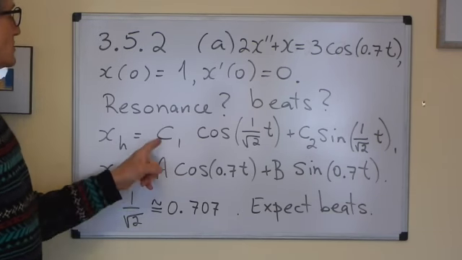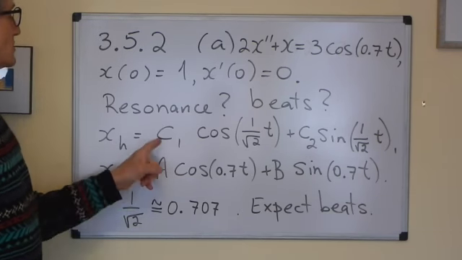And then I want to see whether we actually get resonance or beats. I'm expecting beats because 1 over the square root of 2 is 0.707. It's not the same as 0.7, but it's pretty close to 0.7. And so I'd like to see how that comes about, but we're expecting beats.